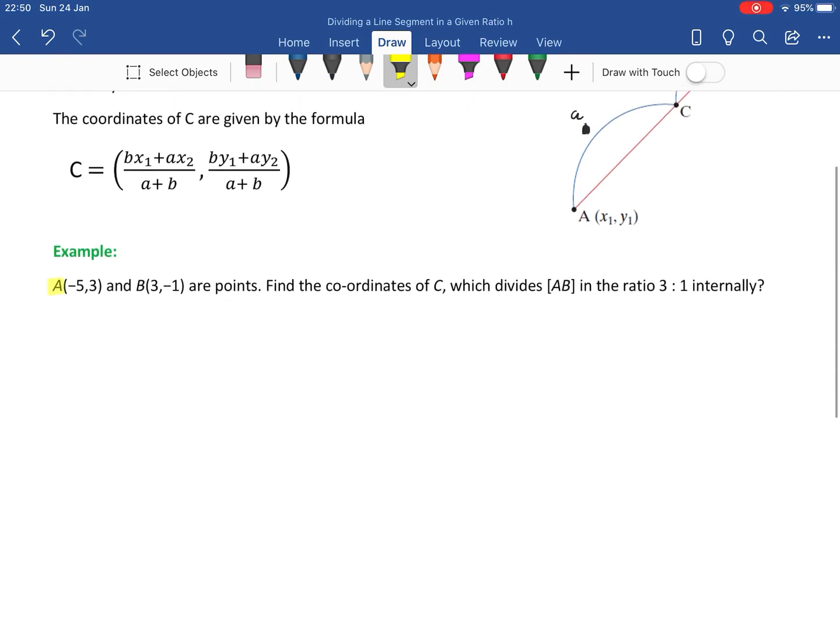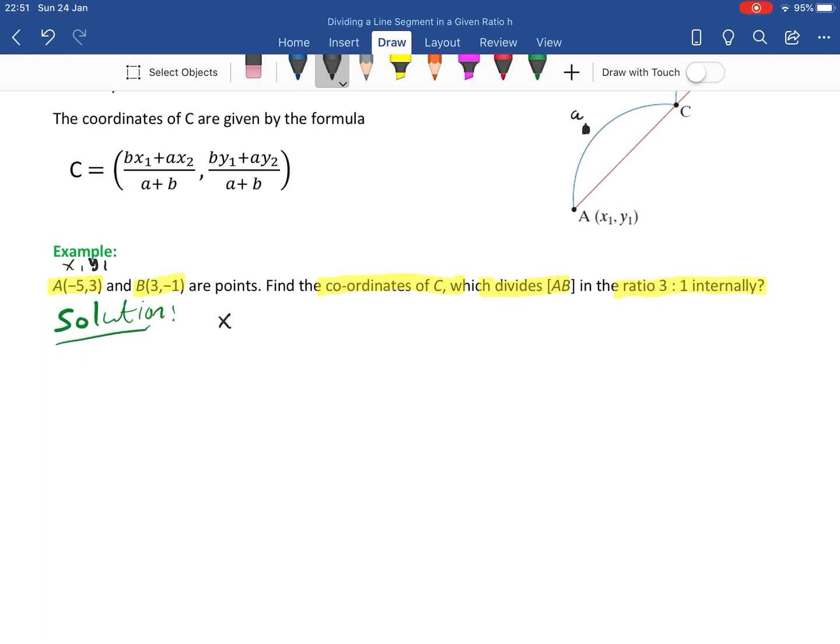If you look at the example here, we know the point A is (-5, 3), B is (3, -1). We're looking for the coordinate C that divides AB in the ratio of 3:1 internally. So the first thing I do for my solution is write down what my things are.